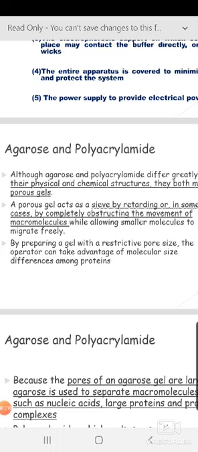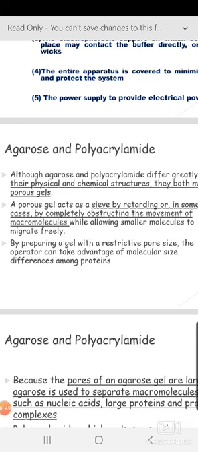Sometimes it does not depend on the charge of the molecule, only the molecular weight is the factor. The bigger molecule, because of its shape and size, will be retarded because the pores are not big enough to allow it to flow, but the smaller molecules will migrate.